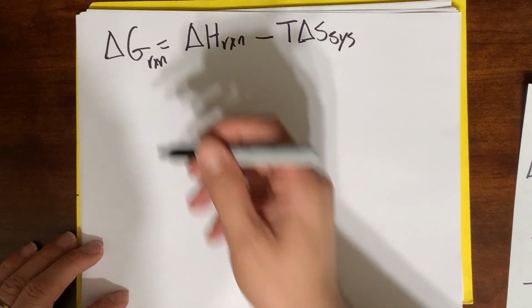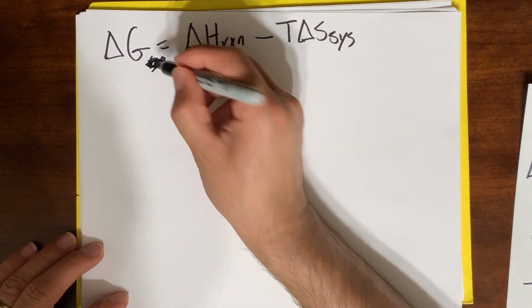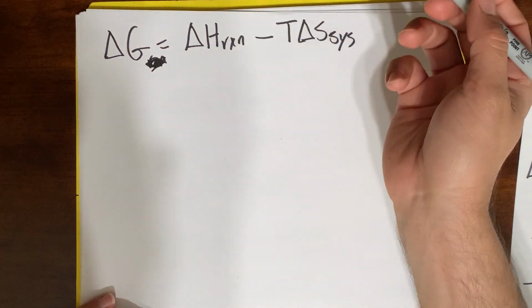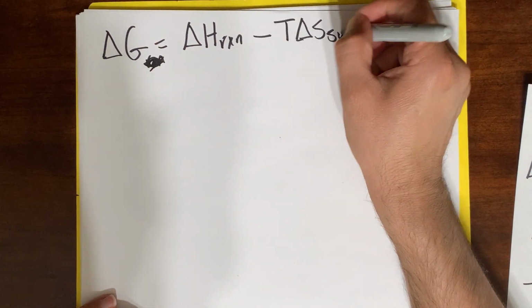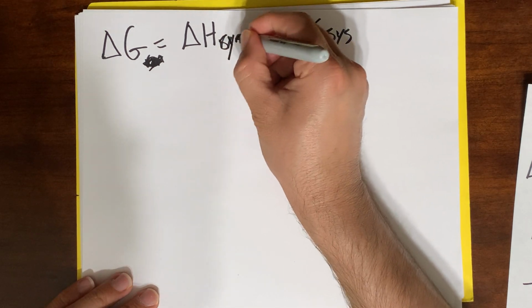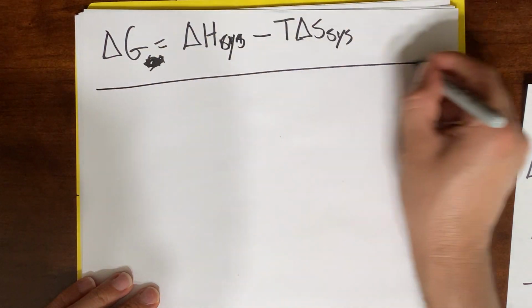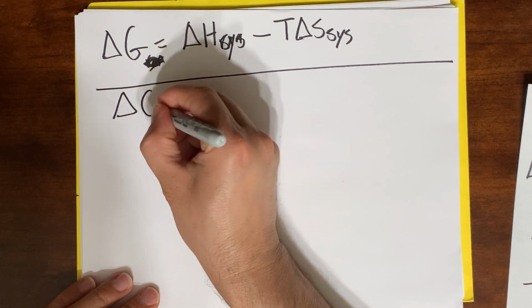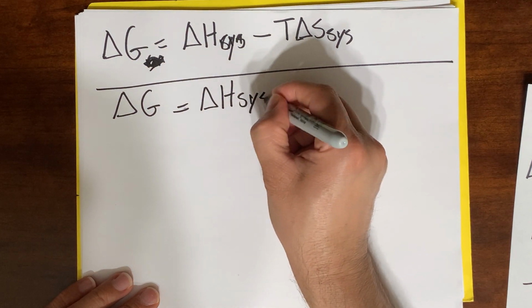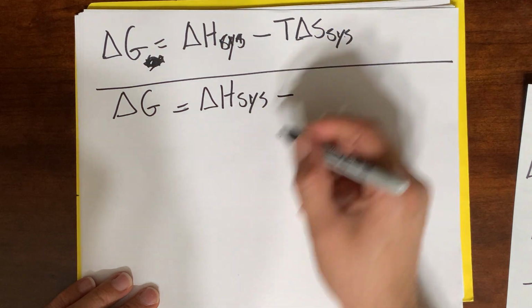You can call this one system again. If this one is system, let's call it system. So delta G is going to be delta H of the system, not the reaction, because I call this one system.